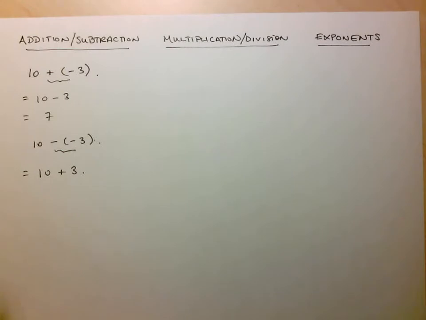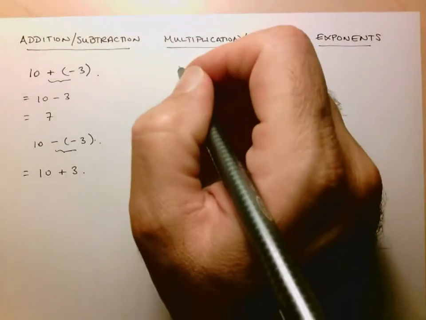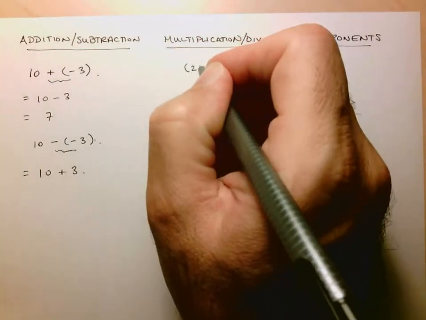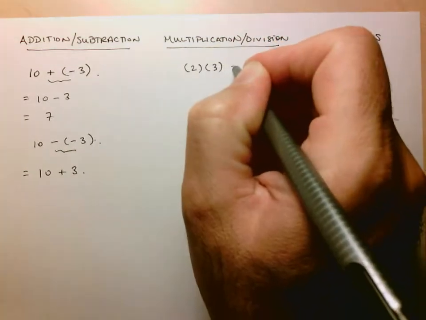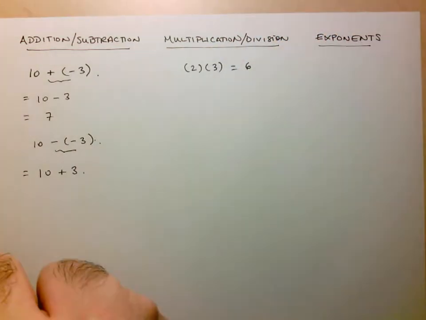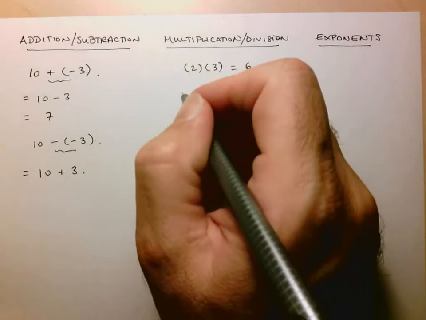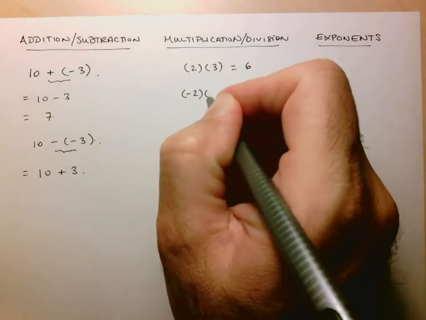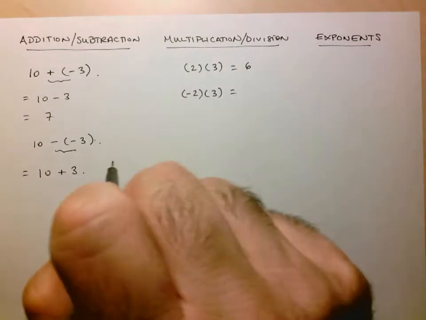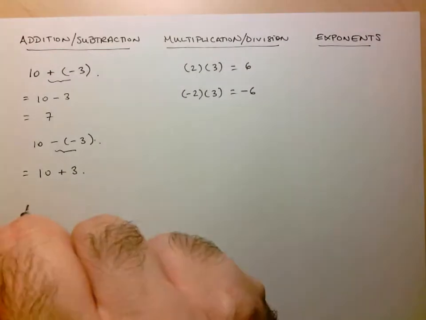Let's take a look now at multiplication and division. We know that when we multiply or divide two positive numbers, I get another positive number. Whereas when I multiply a positive and a negative number, the result is negative.